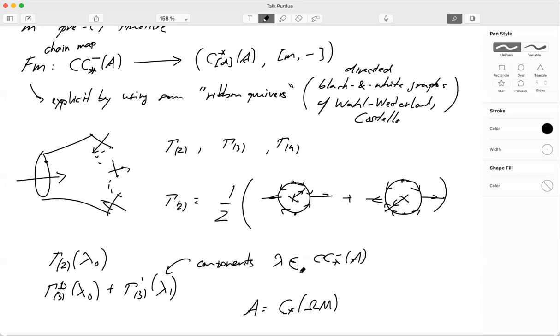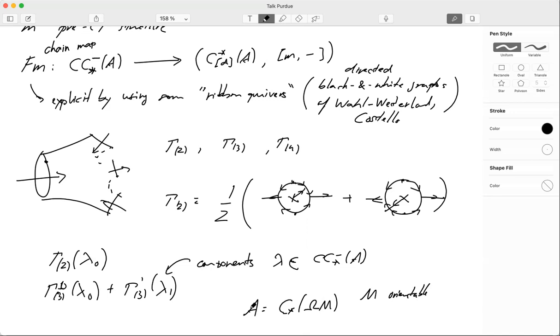But I'm confused. That's an example of one of these algebras you're looking at, but how is your theorem useful here? Oh, so this theorem, if you take this, then you would get a pre-Calabi-Yau structure on A, which would give you an action of this prop on Hochschild chains of A, which are quasi-isomorphic to chains on the free loop space.